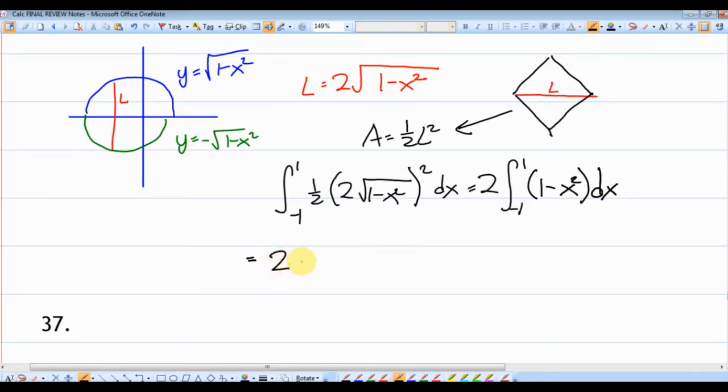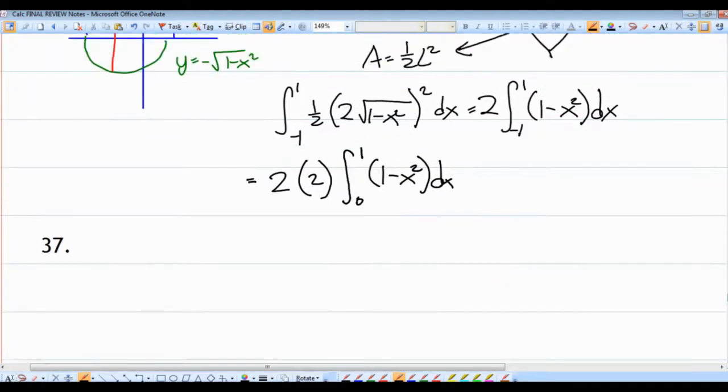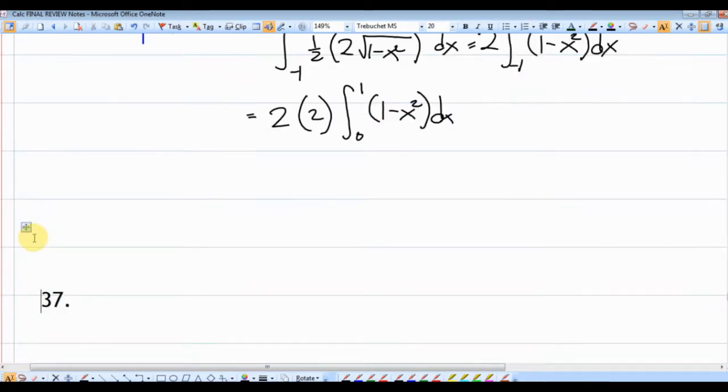So 2 times 2 from 0 to 1. Because it's symmetrical, you can go from 0 to 1 and multiply by 2.